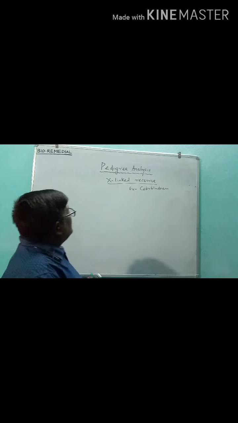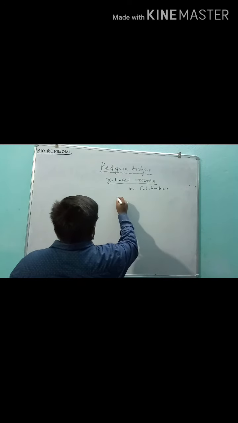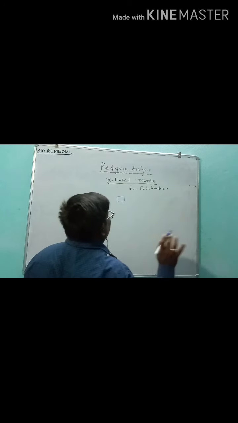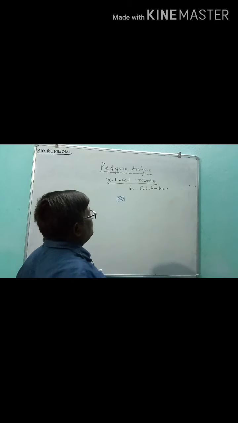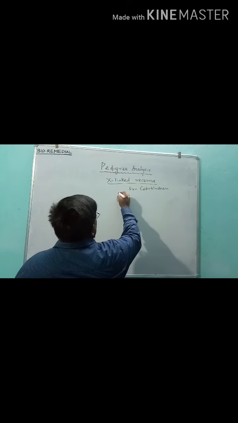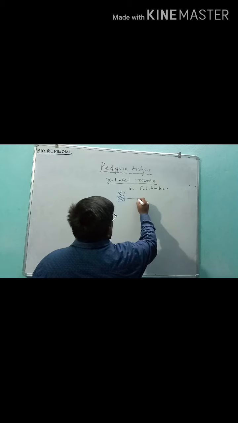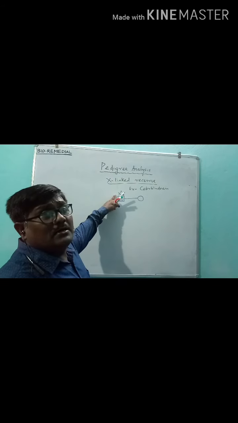That means we will draw a pedigree chart now. Suppose here is a male, and the male is an affected individual. How can we draw it? The affected gene is present on the X chromosome and the Y chromosome is normal. This is also a homozygous-like condition.